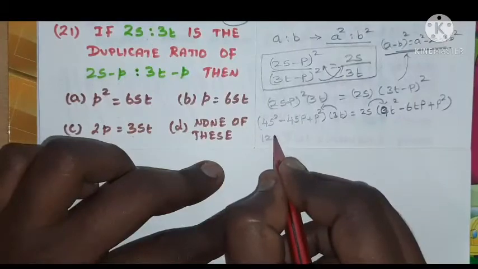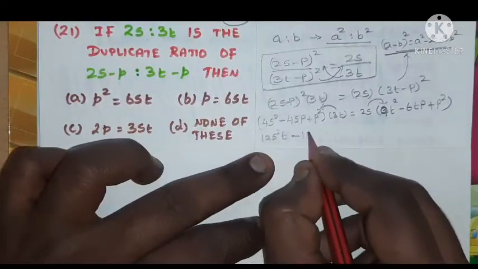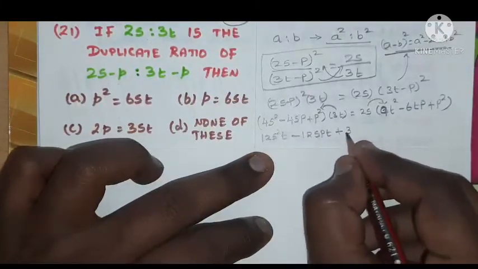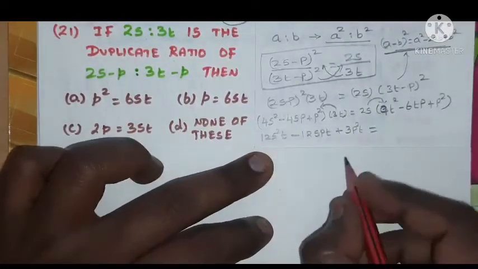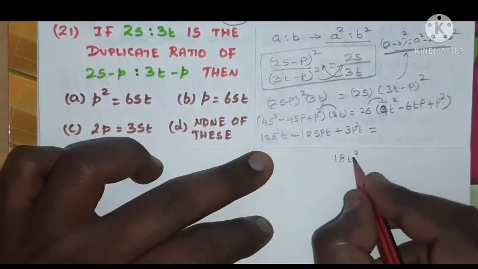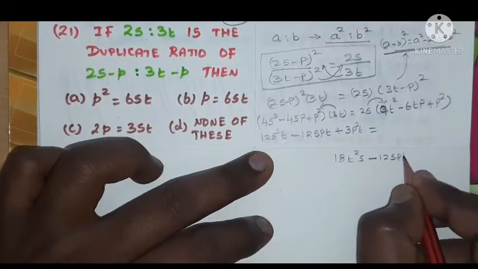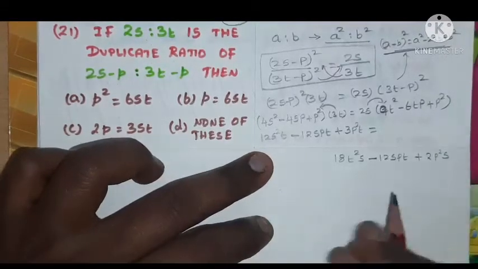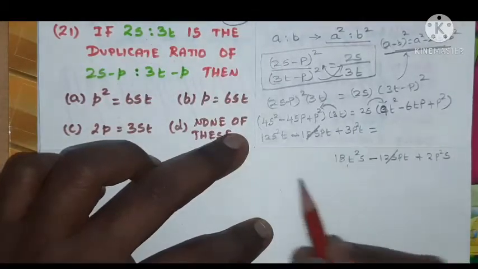So 12s²t minus 12spt plus 3p²t, which is equal to 2 into 9, so 18t²s minus 12spt, then plus 2p²s. Look at these two, minus 12spt, here minus 12spt will cancel.